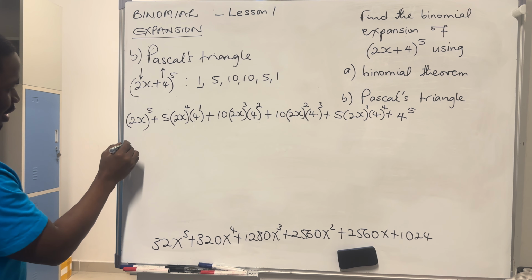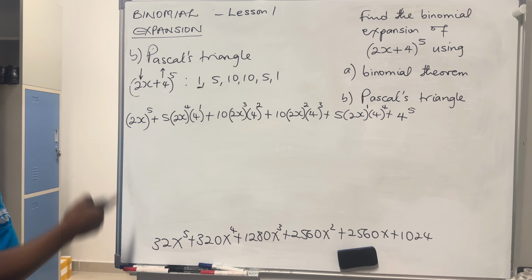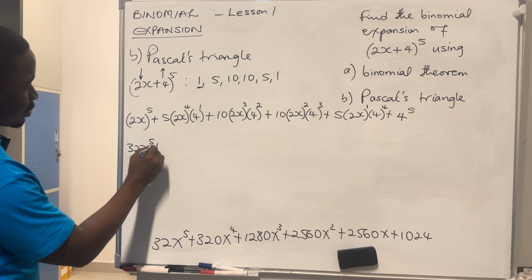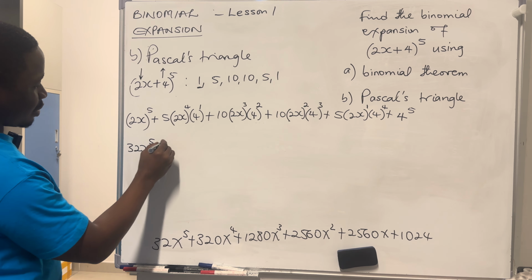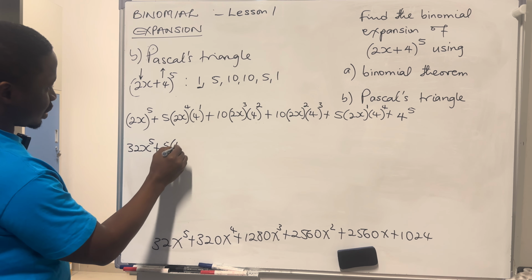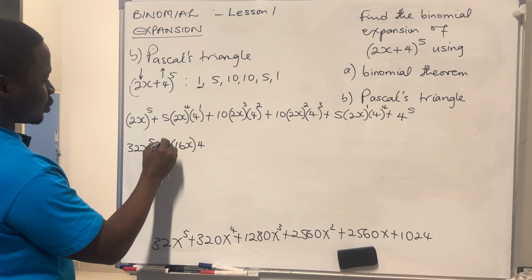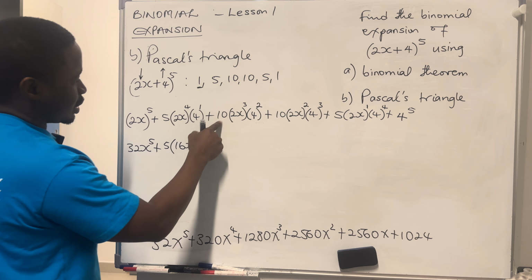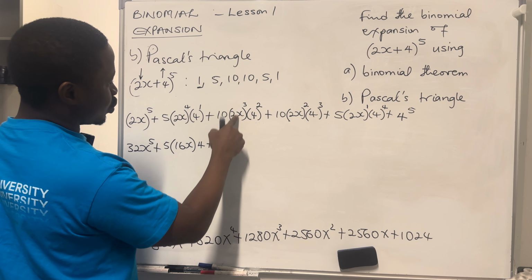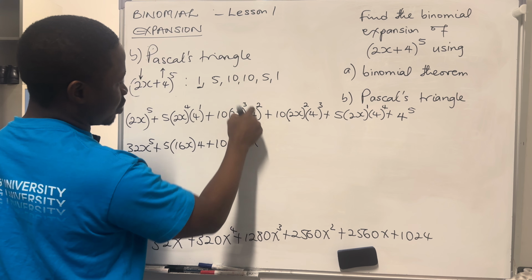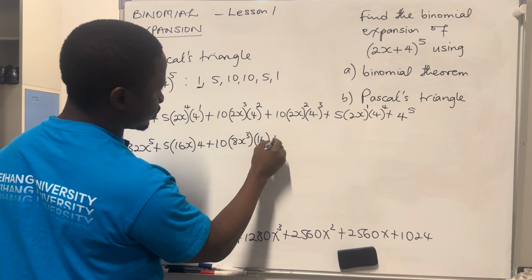So 2 to the power 5 is 32, x to the power 5. This is 5. 2 to the power 4 is 16, x. 4 to the power 1 is just 4. This is 10. 2 to the power 3 is 8, x cubed. 4 to the power 2 is 16.